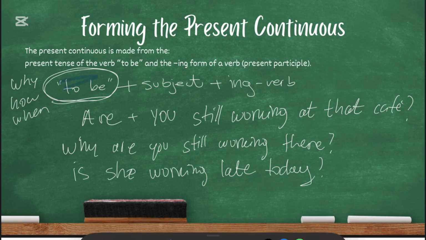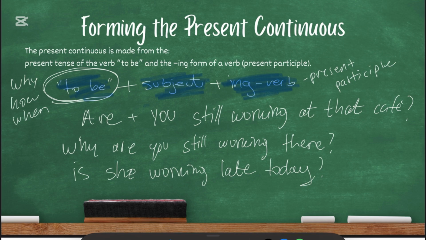We're following the formula and we see question word or the verb to be, subject, and ing verb. We said the ing verb is also called a present participle.